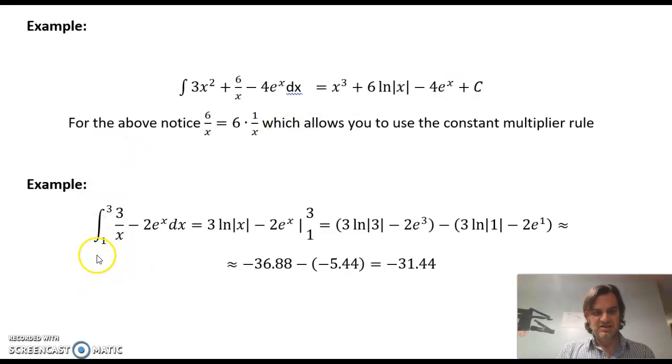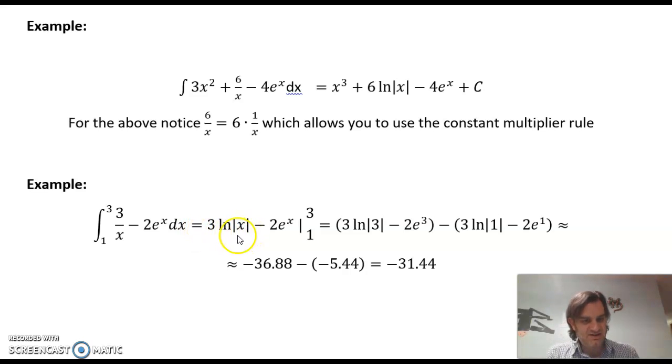The second one here, I've got a definite integral that runs from endpoints of 1 to 3. Only two parts now, 3 over x minus 2 times e to the x. So once again, 3 over x, I can pull the 3 to the side and make it a coefficient, and then 1 over x becomes natural log of x.